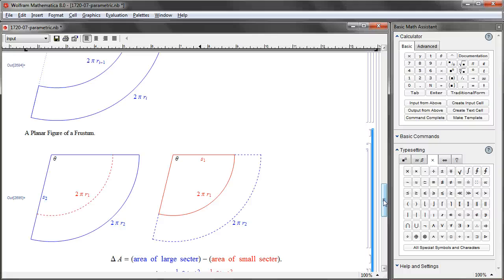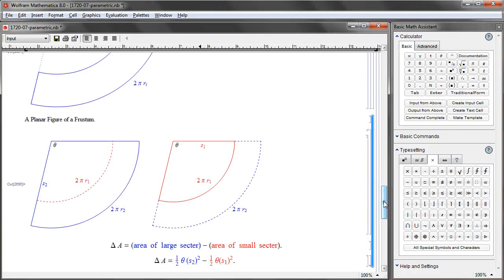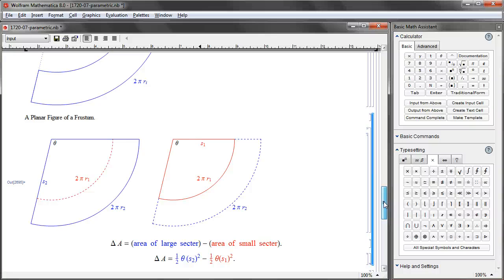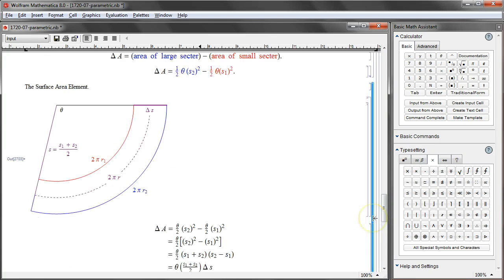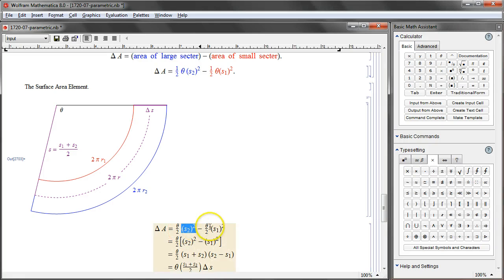So the area of the large sector is by the area formula 1/2 theta times S2 squared. And then the smaller one is 1/2 theta times S1 squared. All you have to do now is to manipulate this thing a little bit. How do we do that? Here's the manipulation. S2 squared minus S1 squared can be factored because this is square minus square, kind of like this: S1 plus S2 times S2 minus S1.